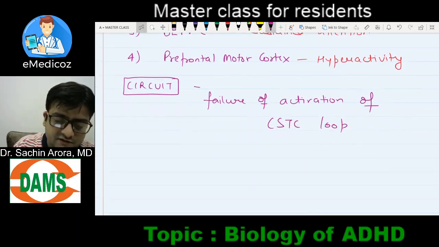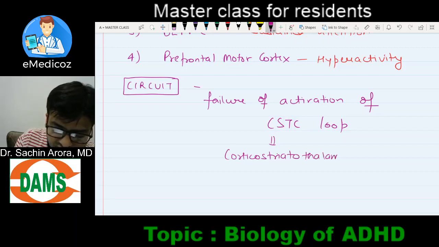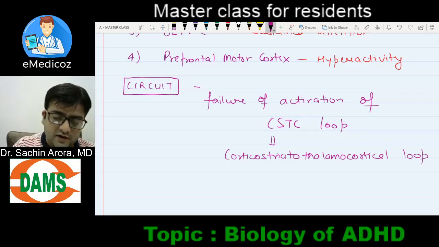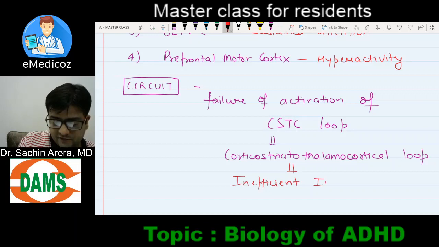CSTC stands for corticostriato-thalamocortical loop, which leads to inefficient information processing.